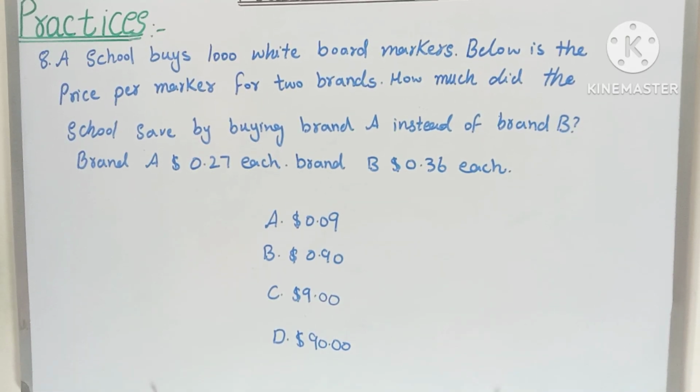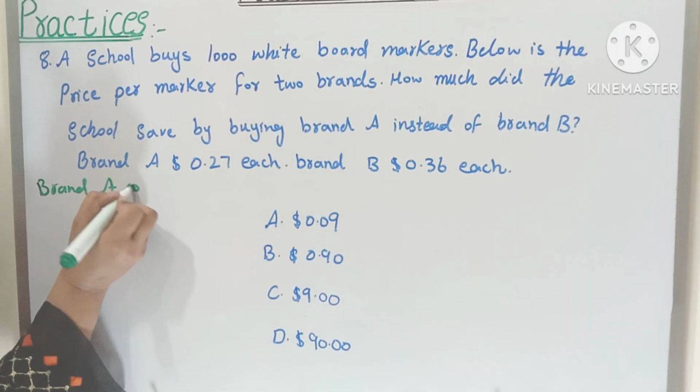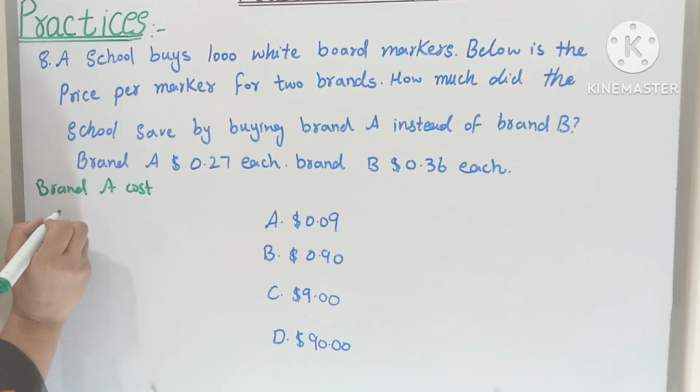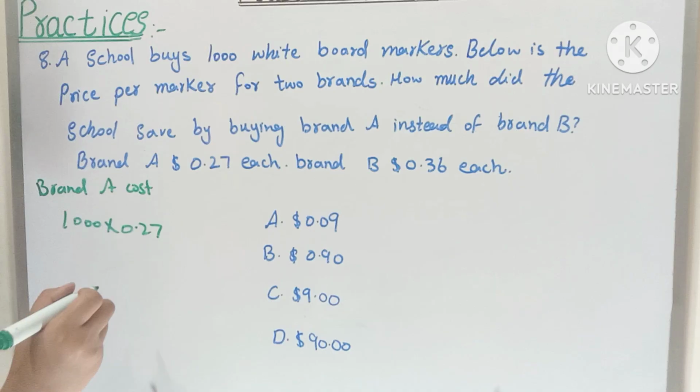Question number 8. A school buys 1000 whiteboard markers. Below is the price per marker for 2 brands. How much did the school save by buying brand A instead of brand B? Brand A is $0.27 each. Brand B is $0.36 each. Let's break it down step by step. Brand A cost: 1000 multiplied by 0.27.